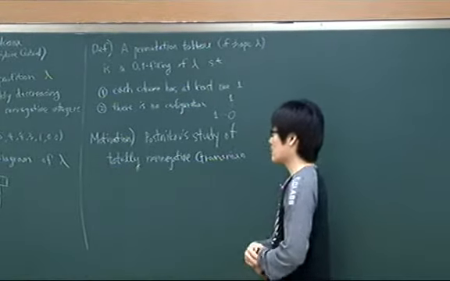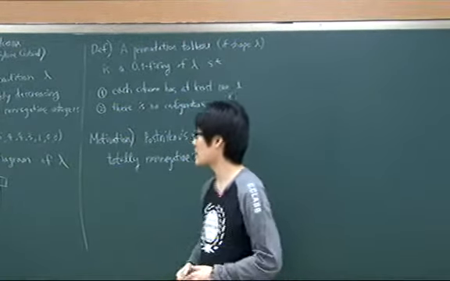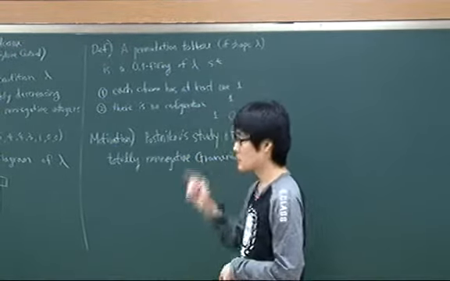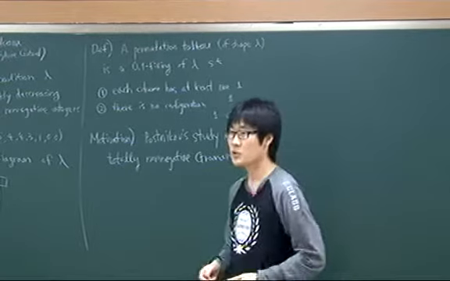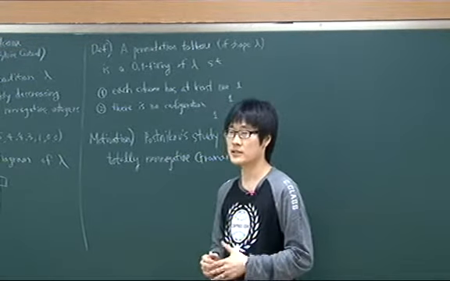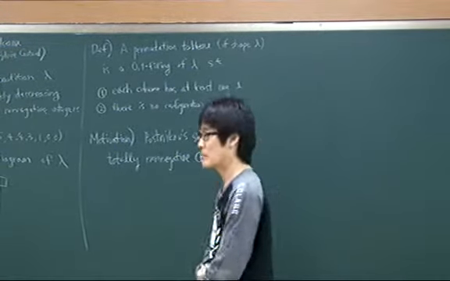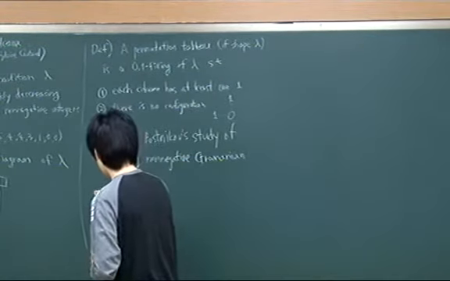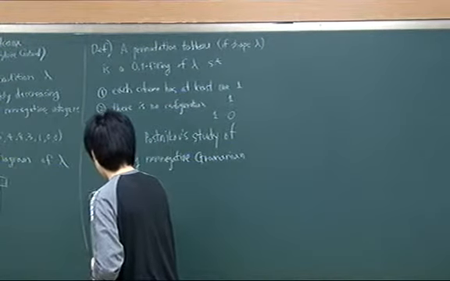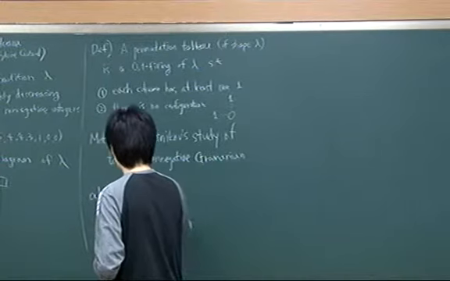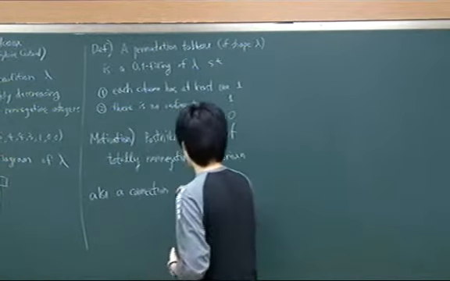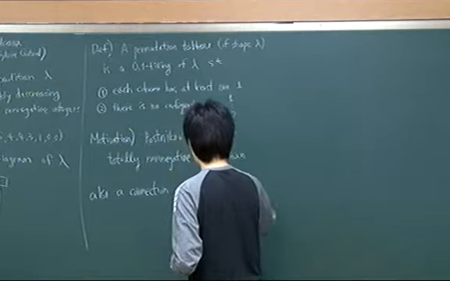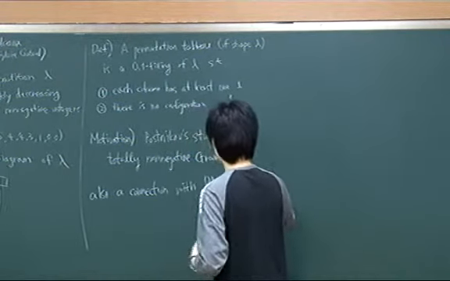And surprisingly, there is also another connection between this permutation tableau and an important model in statistical physics called PASEP. It's a statistical physics model.